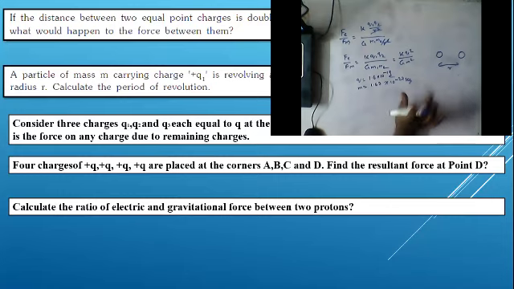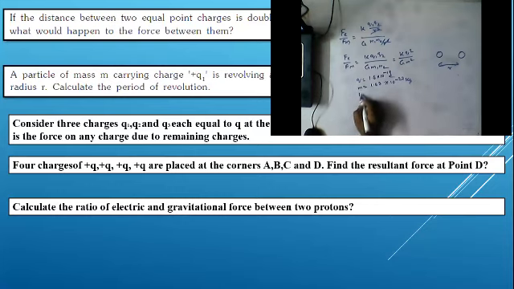All you have to consider is the SI units only. And the K value you already know: 9 into 10 power 9, with units Newton meter square by Coulomb square.